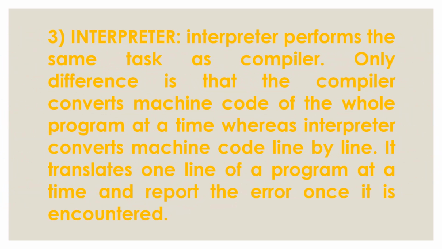Third, interpreter. Interpreter performs the same task as compiler. The only difference is that the compiler converts the whole program into machine code at a time, whereas interpreter converts machine code line by line. It translates one line of a program at a time and reports the error once it is encountered.